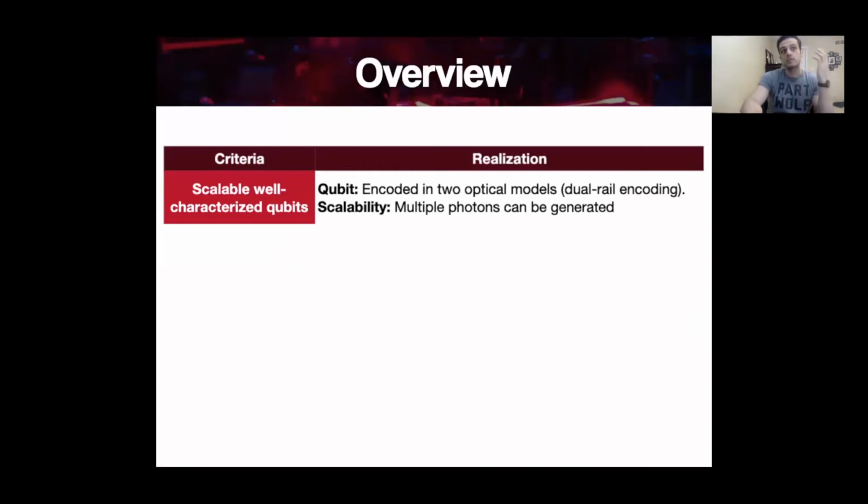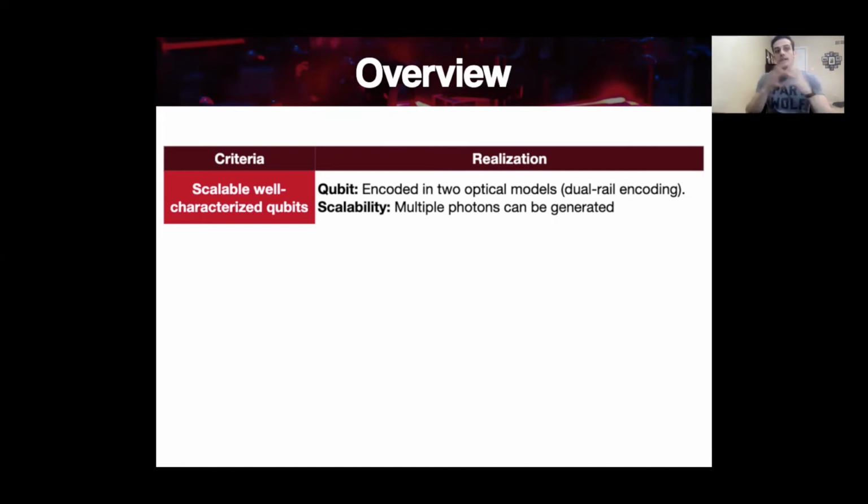So we want a scalable and well-characterized qubit. Remember, a well-characterized qubit is one that stays in its encoded space. And scalability is, you're able to, with a reasonable amount of resources, keep increasing the number of qubits.